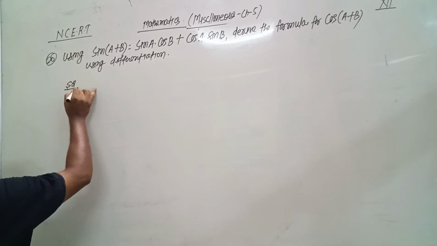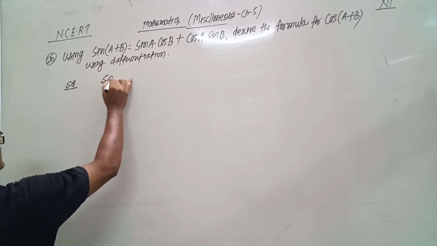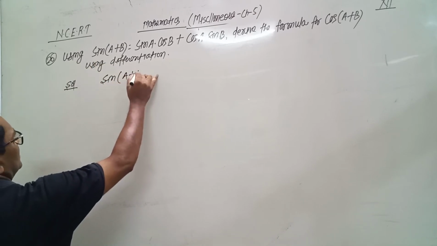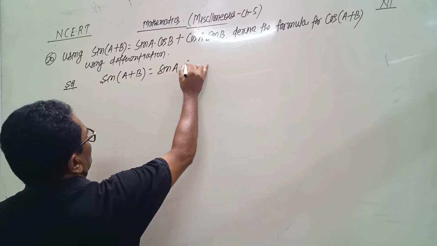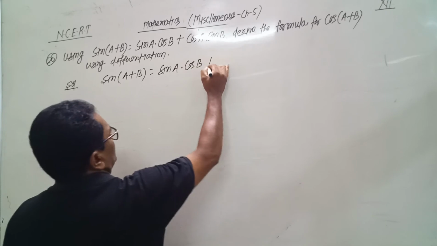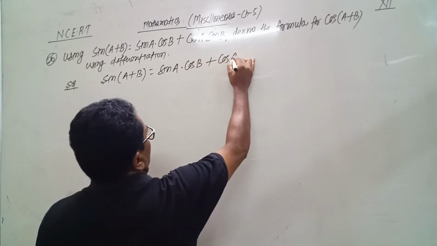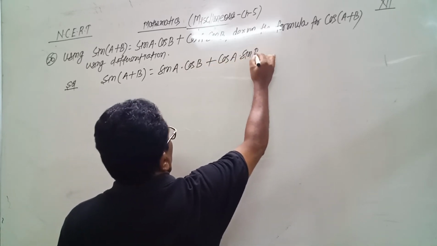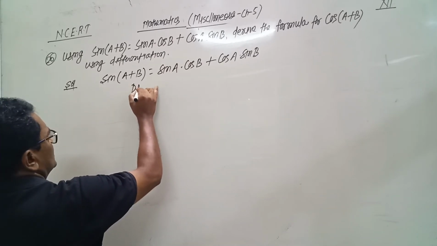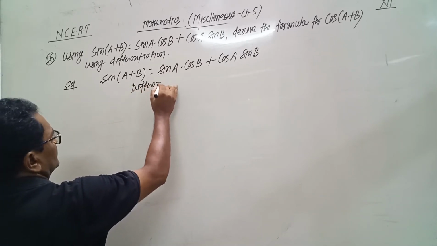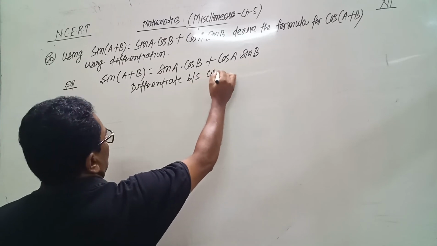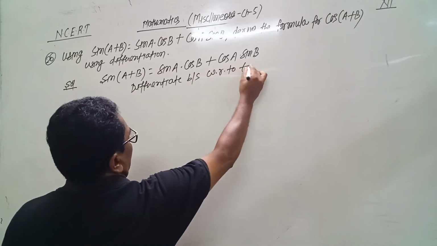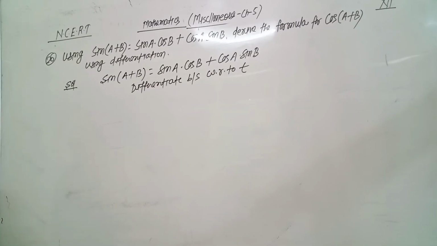So we write the formula: sin(A+B) equals sin A cos B plus cos A sin B. Now differentiate both sides with respect to t.